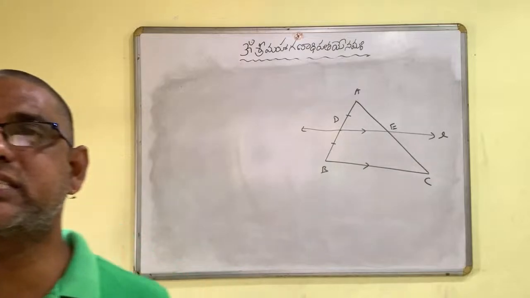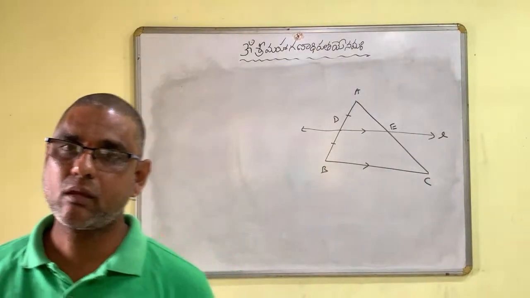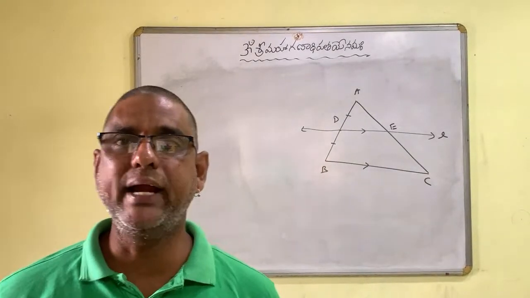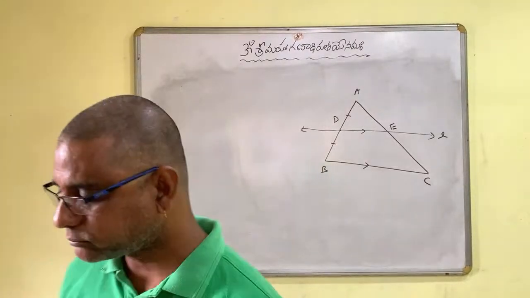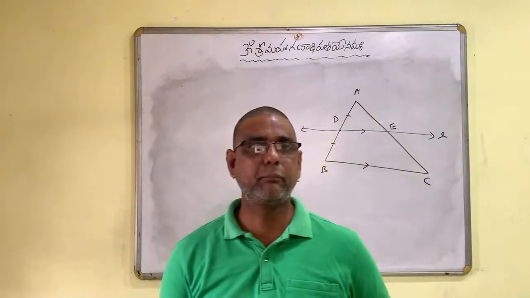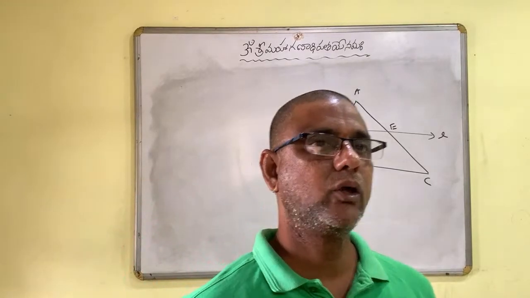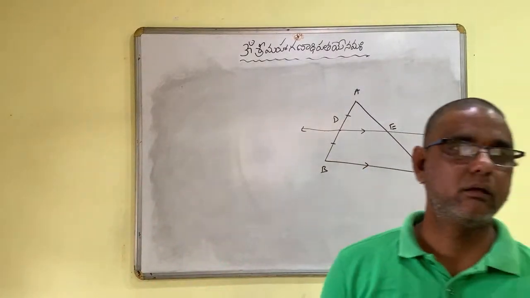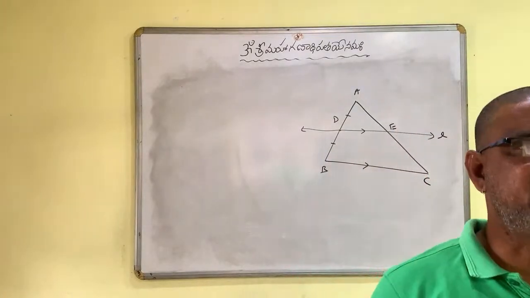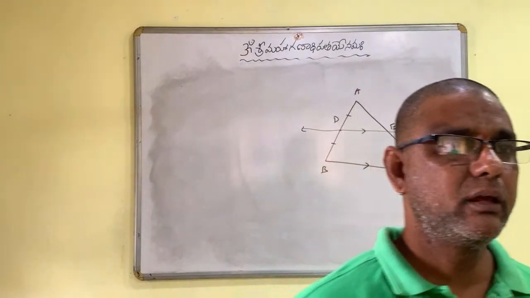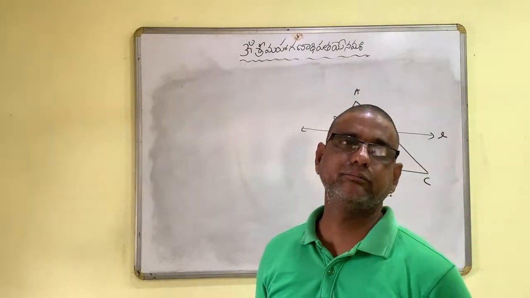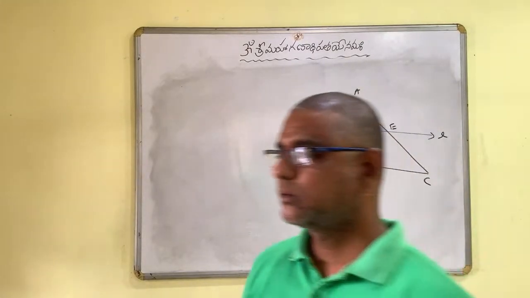Look here, D is the midpoint of AB. So through that midpoint a line is drawn, intersecting AC at E, passing through D. Okay, that is given.